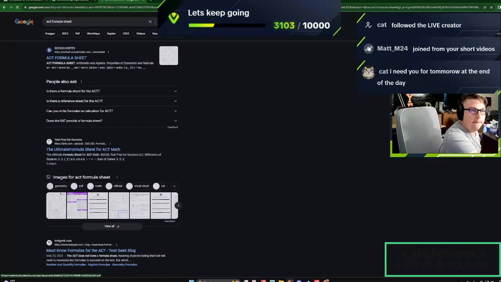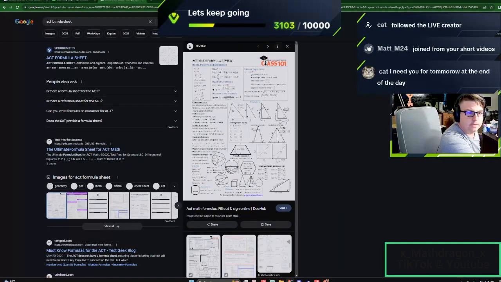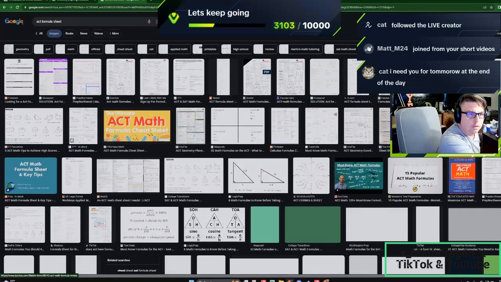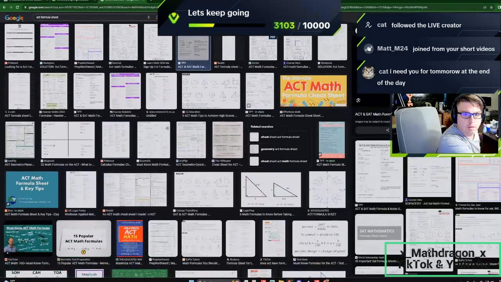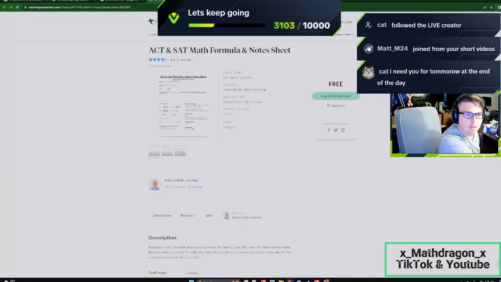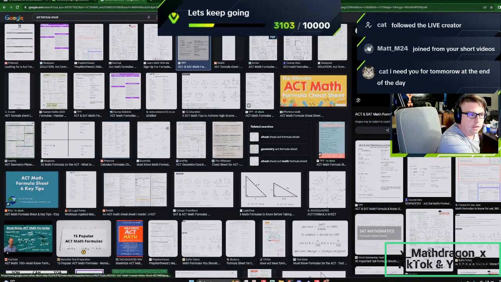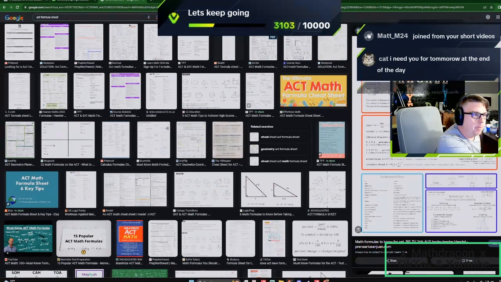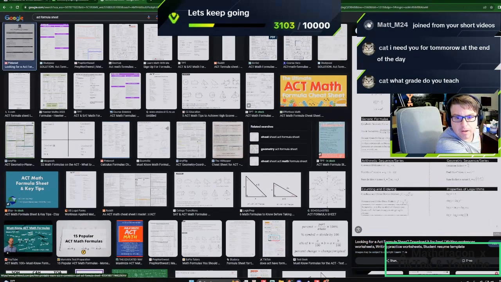ACT, that's not an ACT formula sheet. Where's the ACT formula sheet? I know the ACT is a little different. I'm 90% positive, yeah, no, they're not giving that.